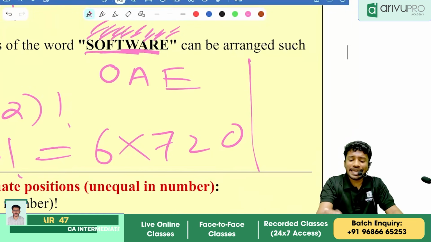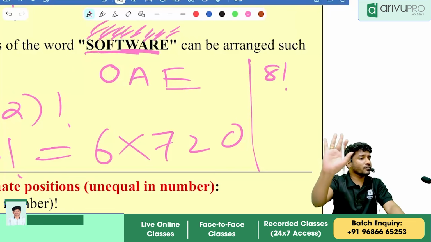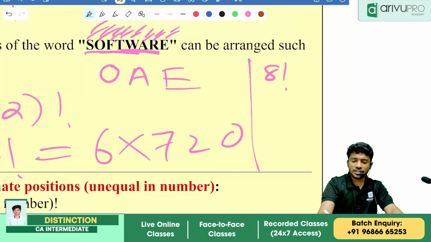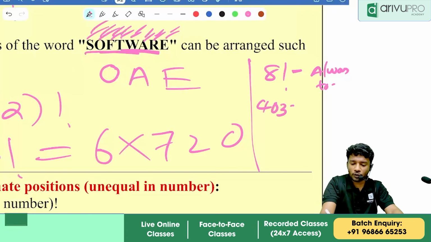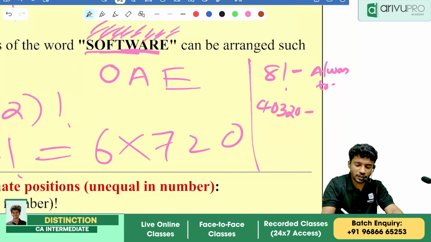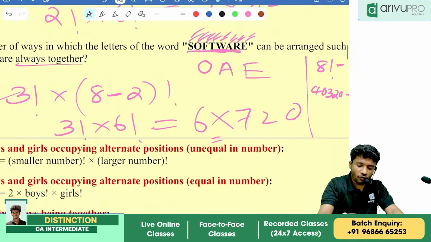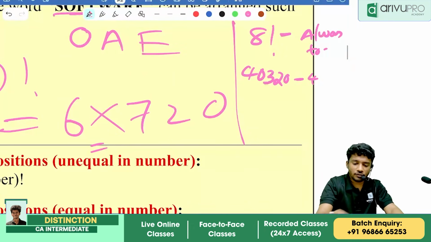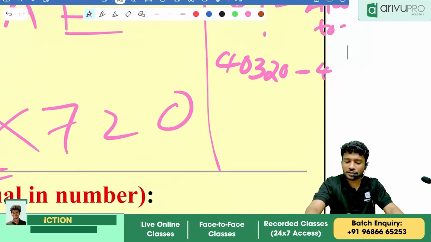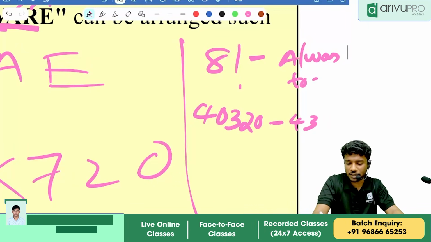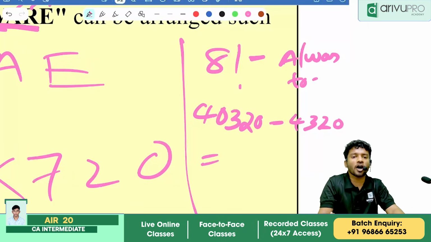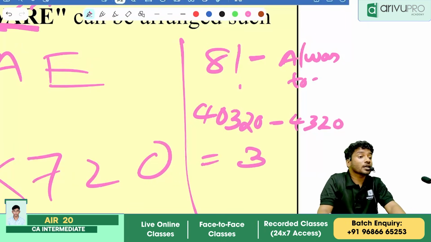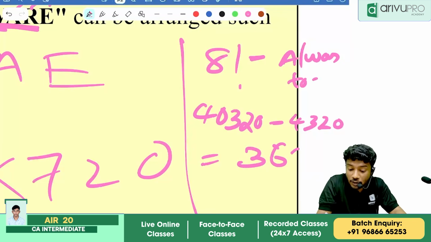Correct? 8 factorial is the total way of arrangement, right? Total arrangement minus always together. Okay, total arrangement 8 factorial is 40320, minus always together, which is 4320. 40320 minus 4320 is equal to how much? 36,000.